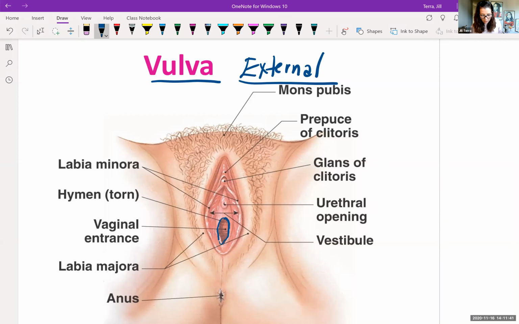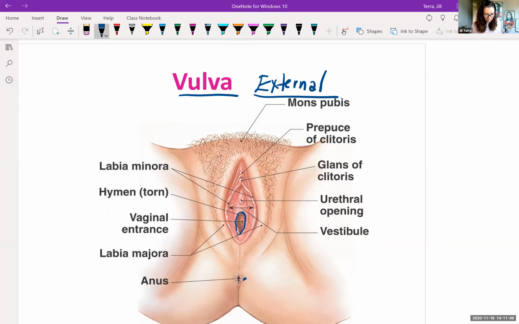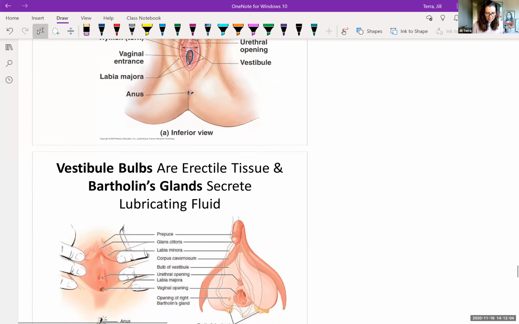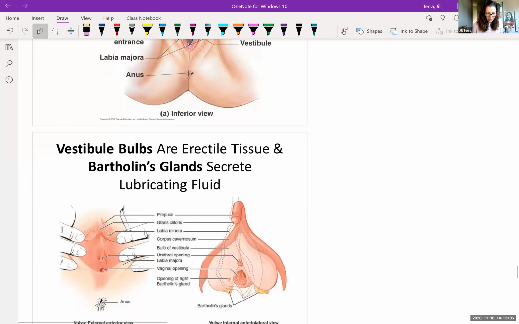And between the two labia minora is the vestibule. And then of course down below is the anus. Okay, we also have some extra tissue going on here. We have vestibular bulbs, which are basically erectile tissue that will engorge with blood during sexual stimulation.